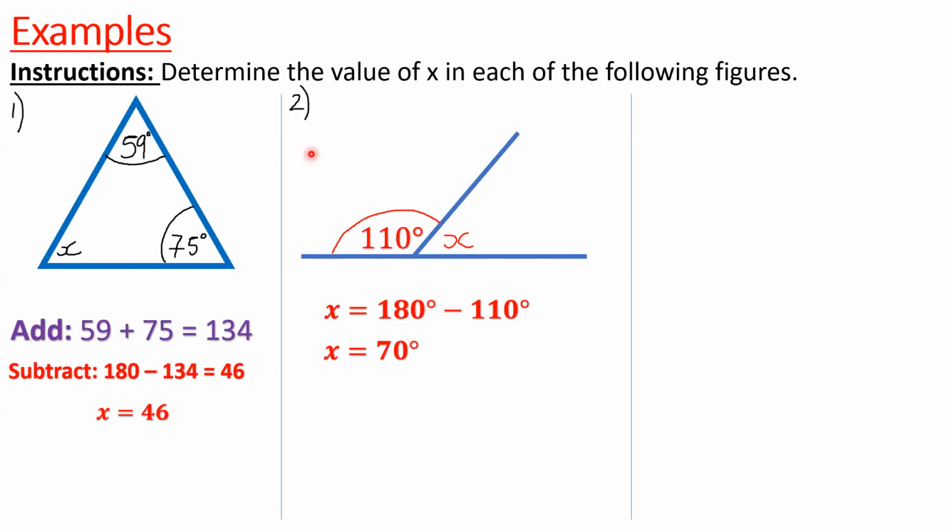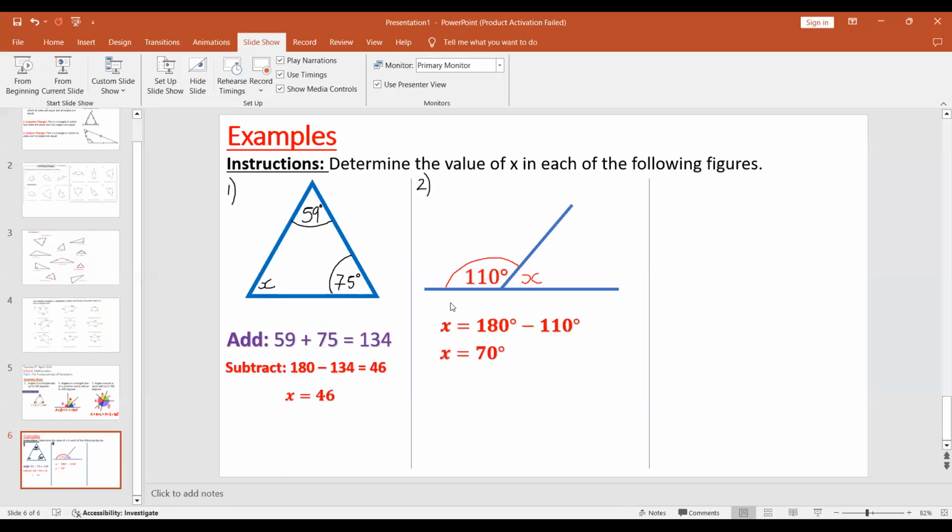One more example. Number 3. Okay, so for number 3, different ways we could do this. We can, put this right here. We can, we can.